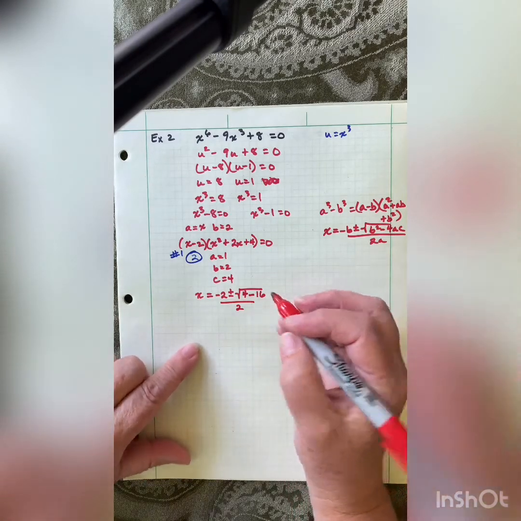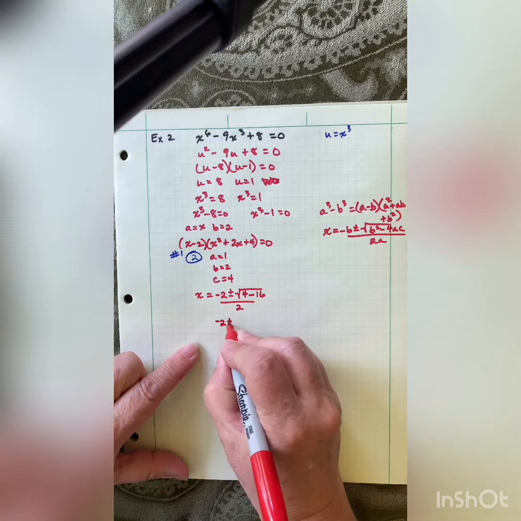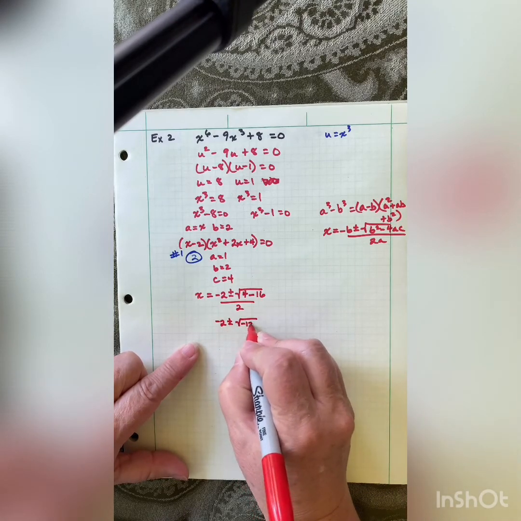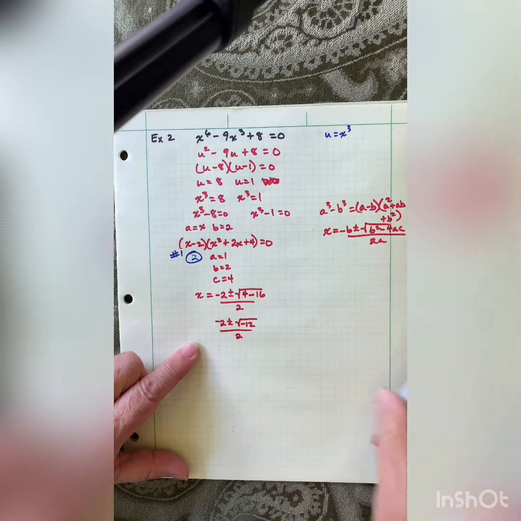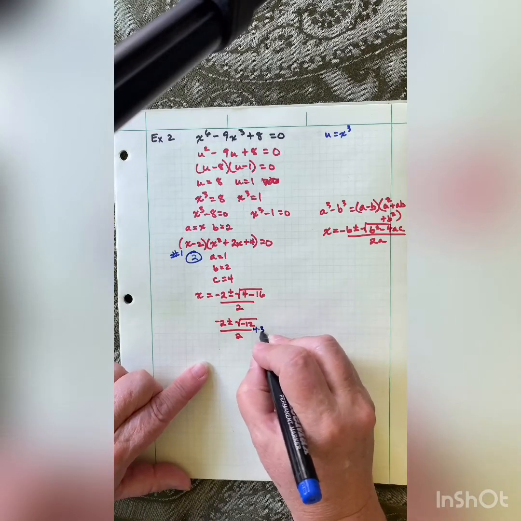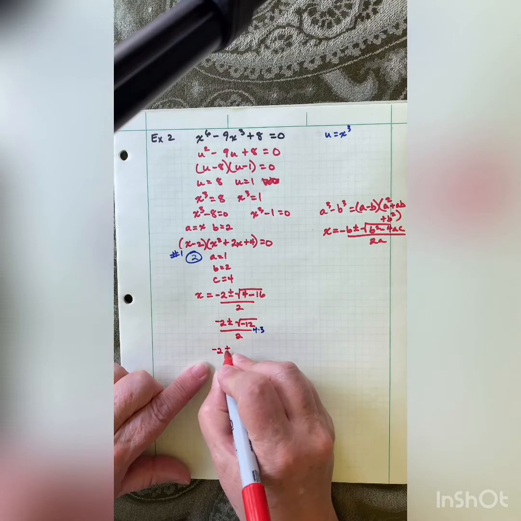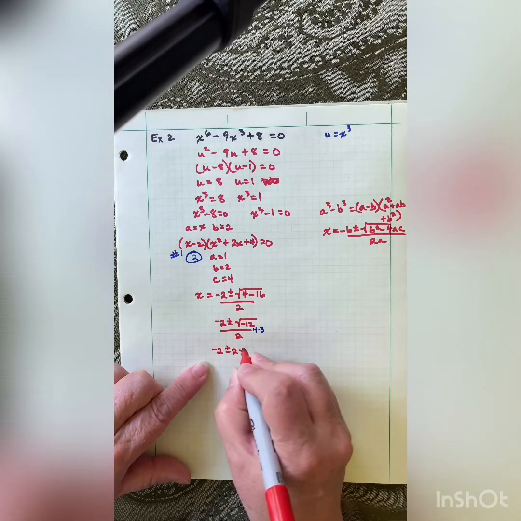Now, let's see here. Let's clean it up a little bit. Look at -2 plus or minus square root -12 over 2. Now, 12 really is 4 times 3.